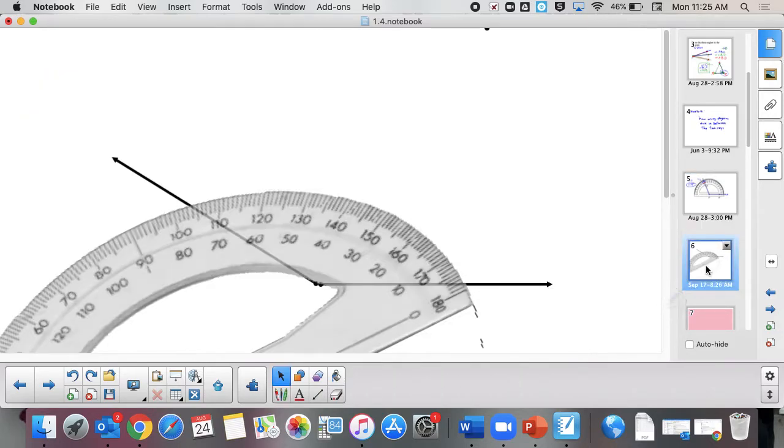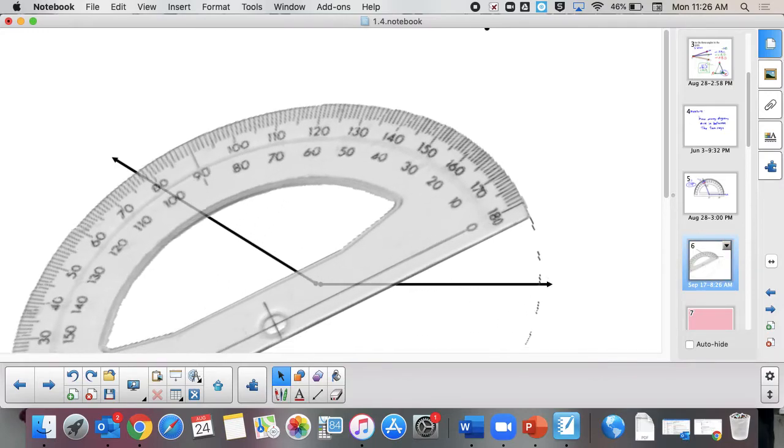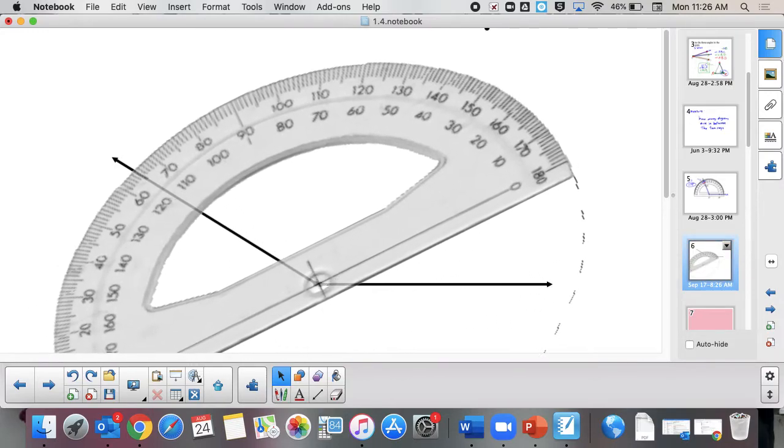To use a protractor, we're going to go through the rules for it in case you don't know. In example 2, step 1 says place the center of the protractor over the vertex of the angle. Step 2 says to align the line on your protractor with one side of the angle.